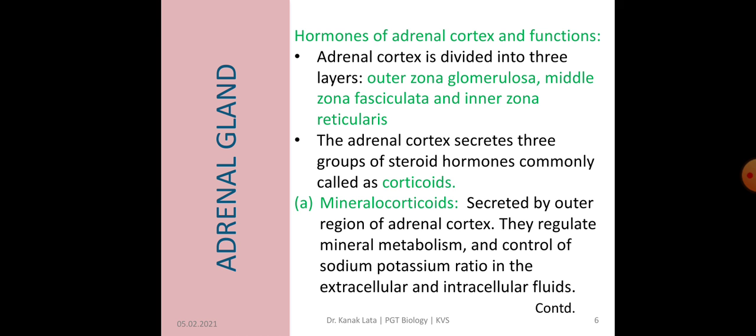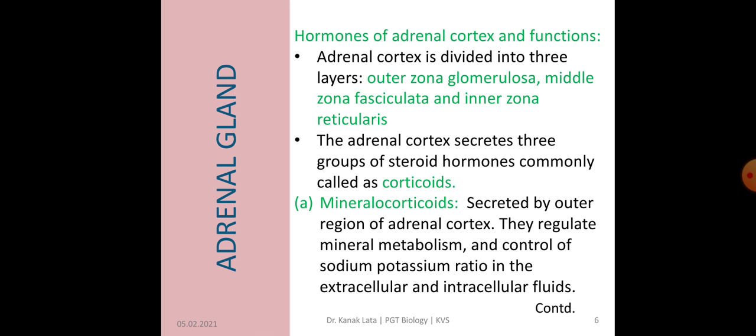Now let us discuss about hormones of adrenal cortex and their functions. Adrenal cortex is an external firm pale yellowish pink tissue formed from mesoderm. It is divided into three regions, namely outer zona glomerulosa, middle zona fasciculata and inner zona reticularis.